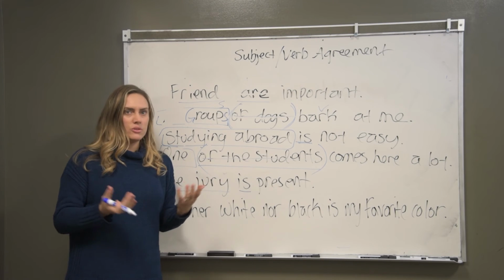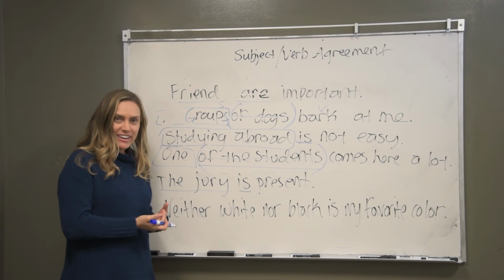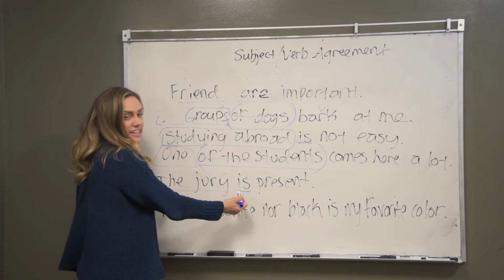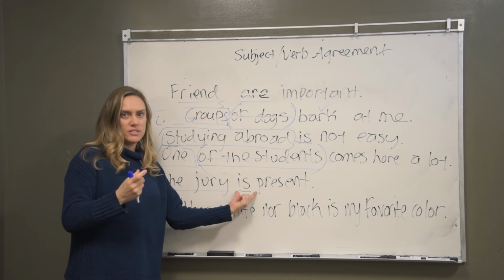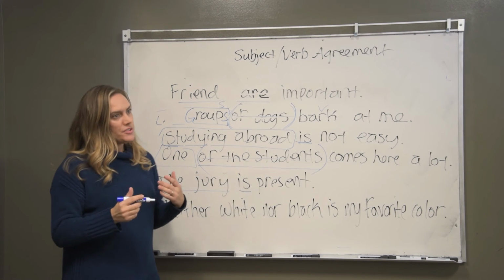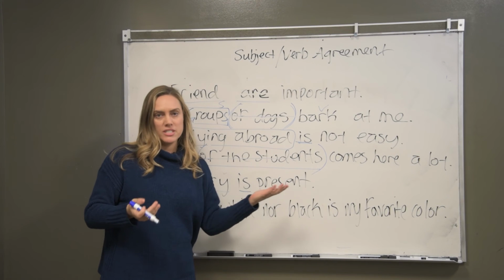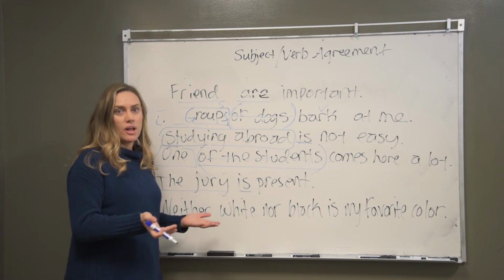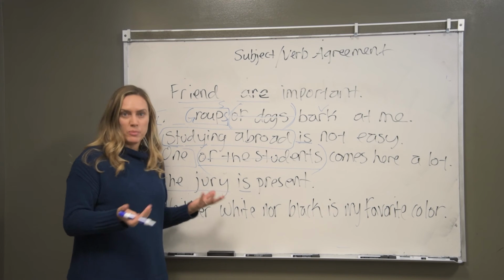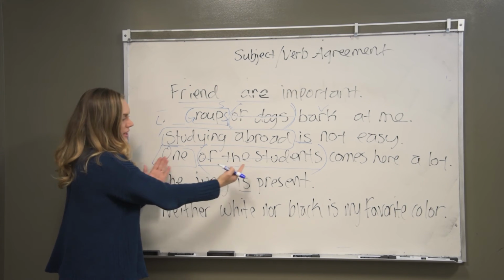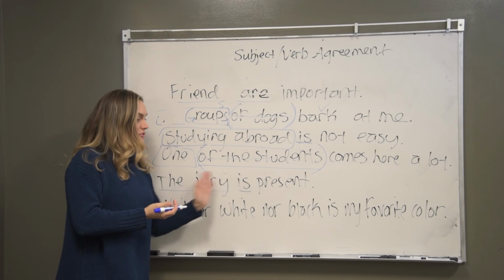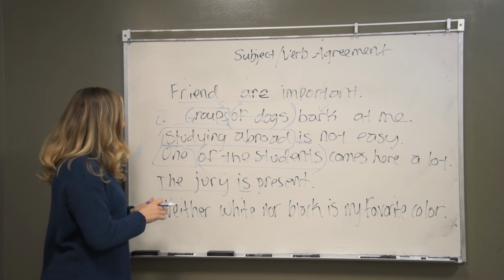So you think, oh, well, it's plural. But in American English, we say it's singular. So a jury, even though it's many people, the verb has to be singular. A lot of ESL students learn British English, and I tell them it's not wrong, but here people will think it's wrong. So make sure that when you use a collective noun, the subject and the verb agree in a singular way.